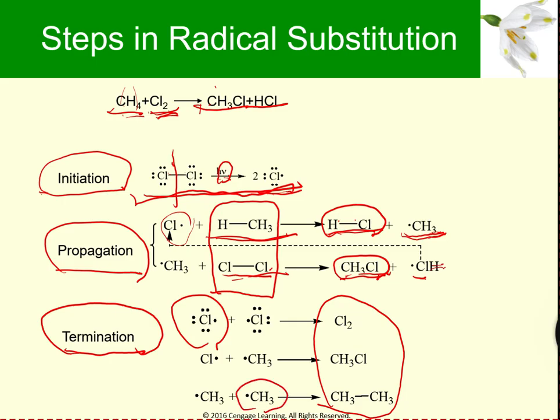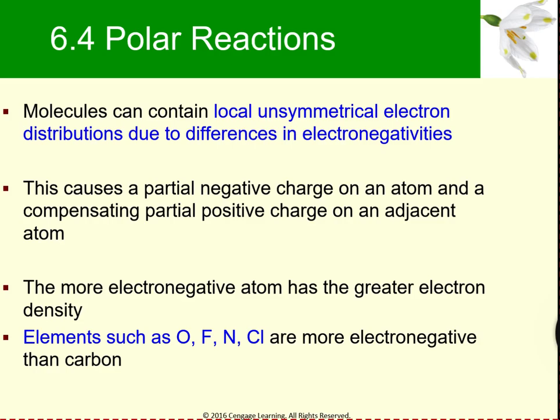Because you have two different radical species, the combination of two radical species will result in three different species: Cl2, ethane, and the combination of Cl radical and CH3 radical gives CH3Cl, which is another source of the product CH3Cl. So that is a generalized mechanism of radical reactions.